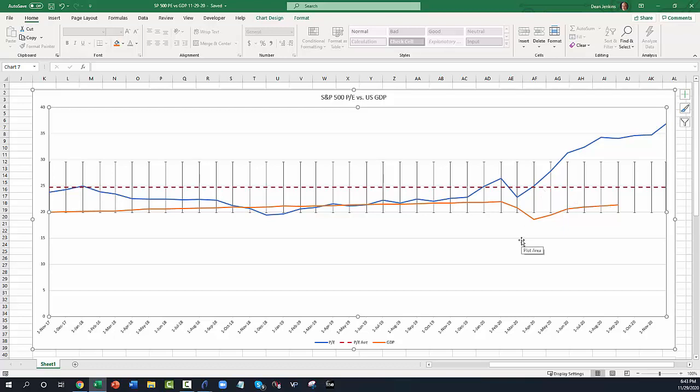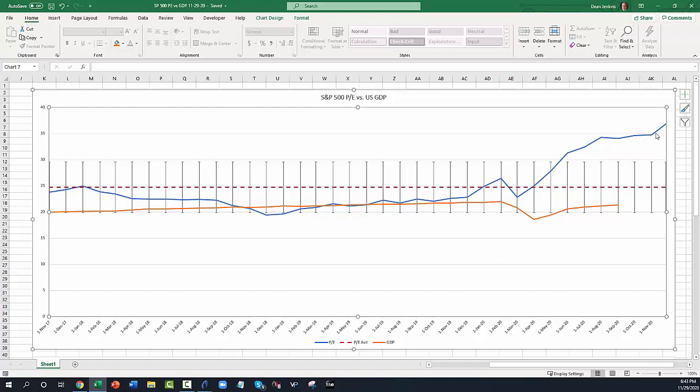If you don't understand that number, it's really simple. It's the price of a stock divided by its earnings. So if a stock is $25 per share and their earnings are $1 per share, they have a PE ratio of 25.